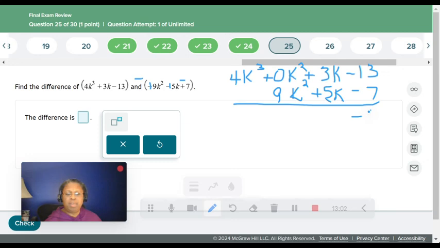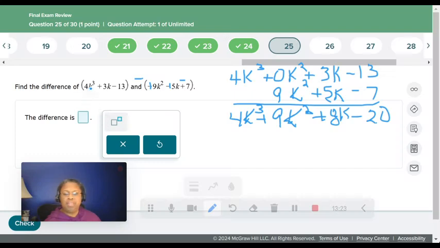So we're going to have minus 20 plus 8k plus 9k squared, and we'll bring down that 4k cubed. So you have to pay attention to your exponents so that you group the correct like terms.